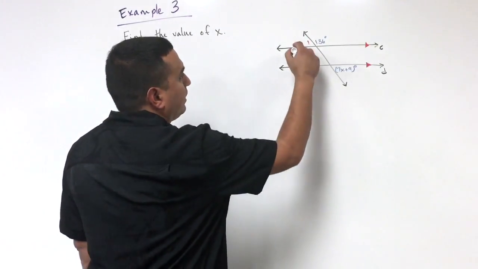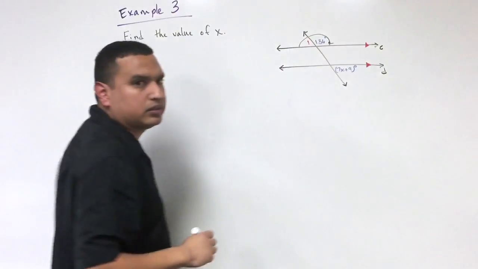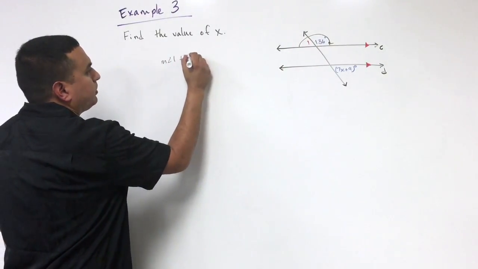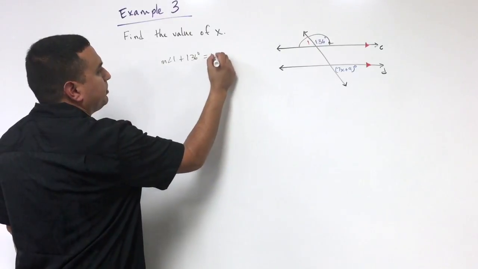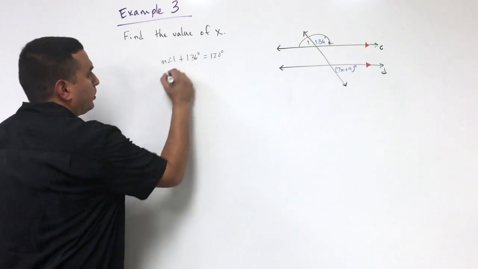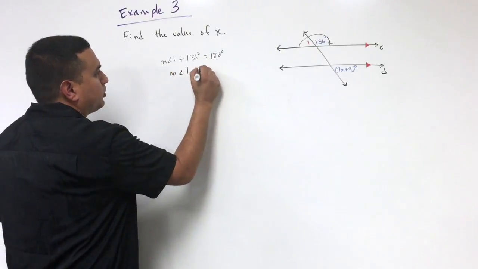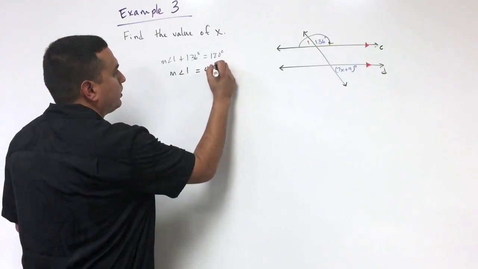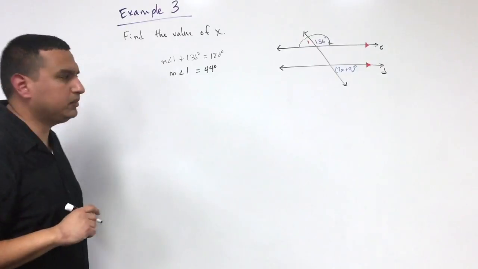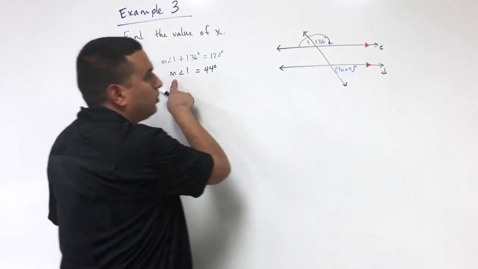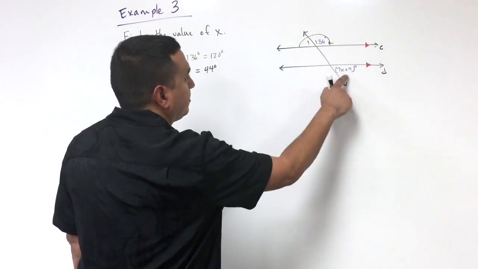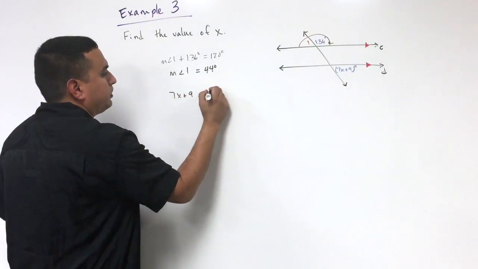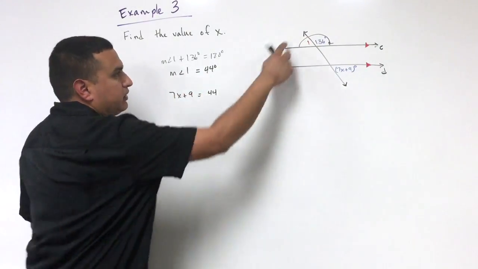What I do have right here is a linear pair. So the measure of angle 1 plus the 136 has to give me 180 degrees. To find the measure of angle 1, I subtract 180 minus 136, and I get 44 degrees. Okay? Now that I know angle 1, I can set my 7x plus 9 equal to 44 degrees because these are congruent.